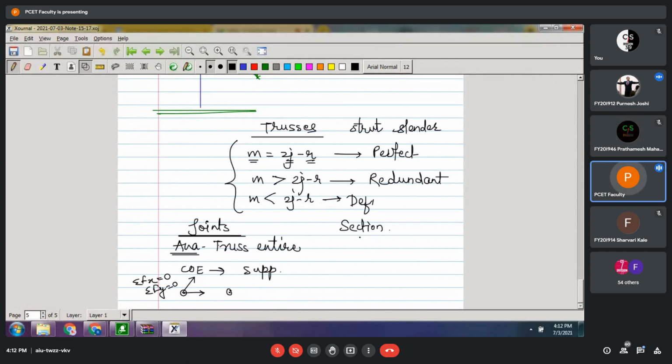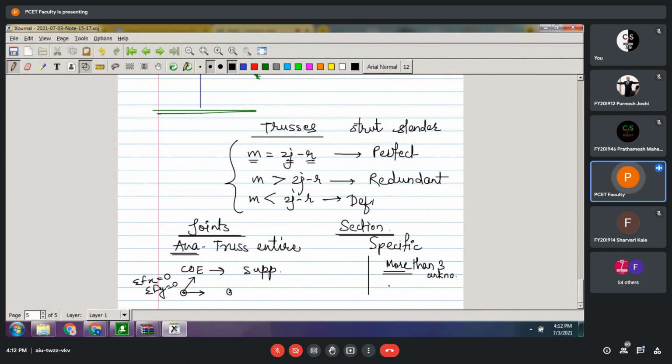Second one is method of section. In case of method of section, some specific members are expected to be analyzed. In that case, only we will go for method of section. So section we will consider in such a way that two conditions are there. Your section must not cut more than 3 unknown members. बरोबर? Okay, so max 3 unknown members it can cut.